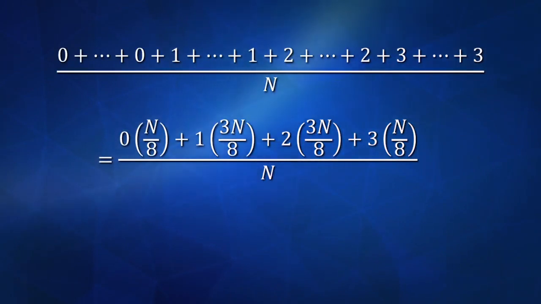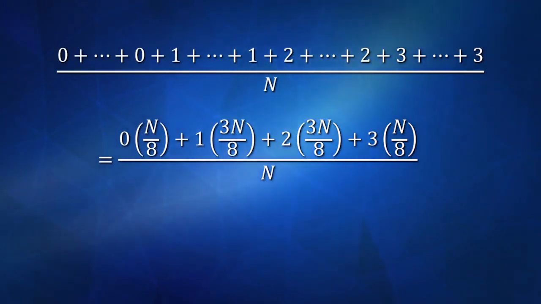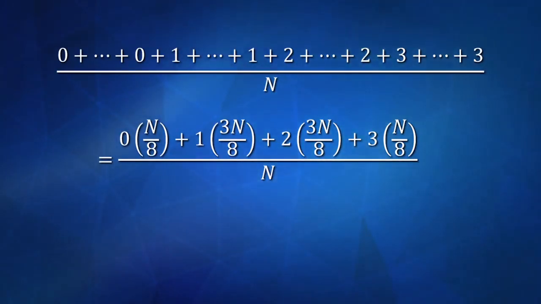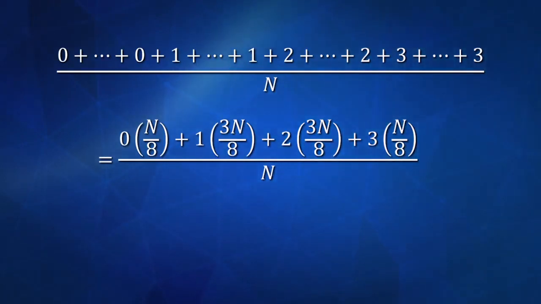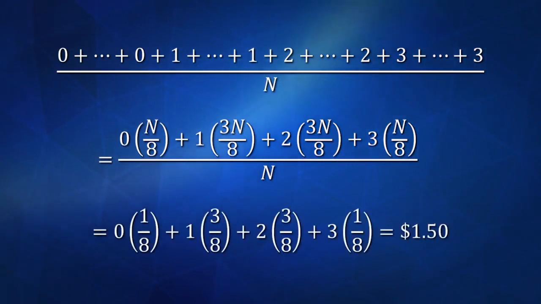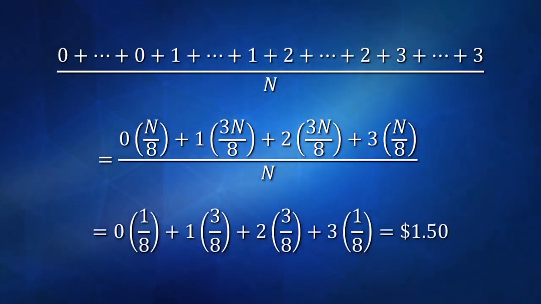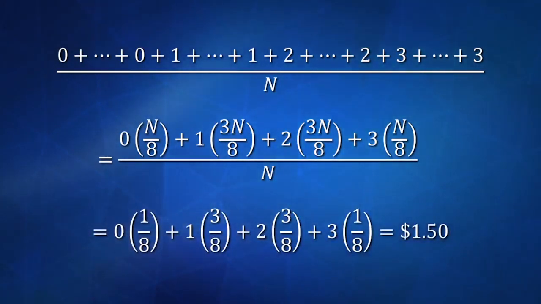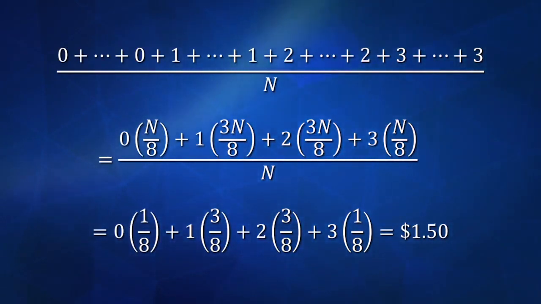And I'm averaging that, so I'm dividing that all by n to get the average. Well, notice those n's are going to cancel out really nicely for us. And what we're left with is 0 times 1/8 plus 1 times 3/8 plus 2 times 3/8 plus 3 times 1/8, or $1.50.